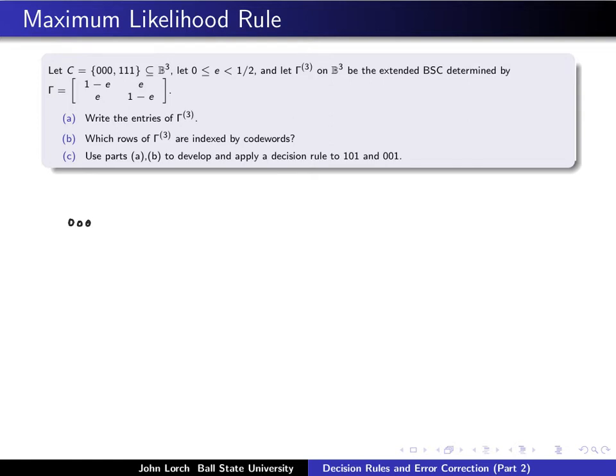So they're indexed by 000, 001, 010, 011, 100, 101, 110, and finally 111. So those are the strings that index the rows of this channel matrix, gamma 3. And then, of course, the output strings are also strings of length 3, so we'll write them up here along the top to index the columns.